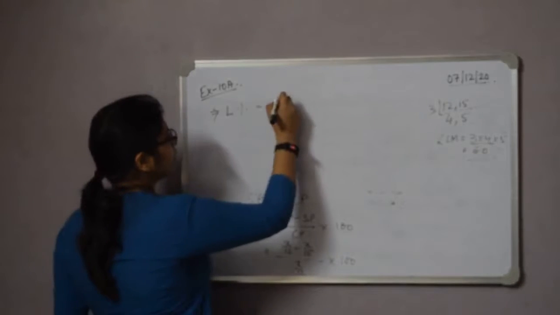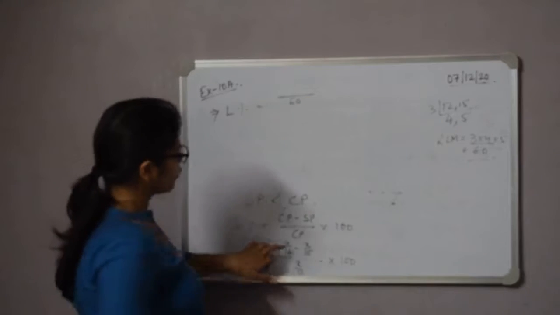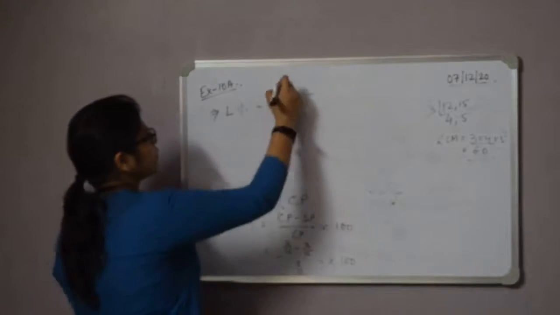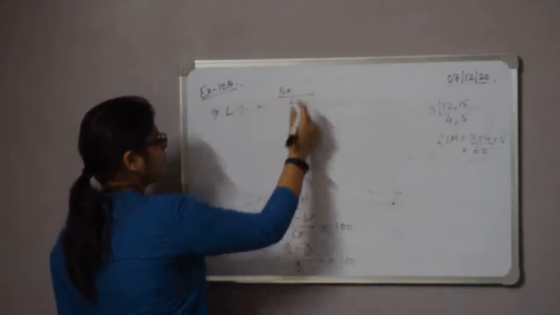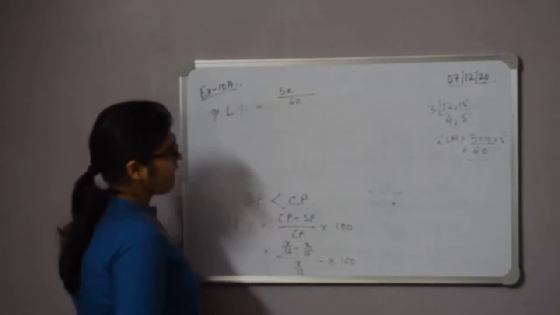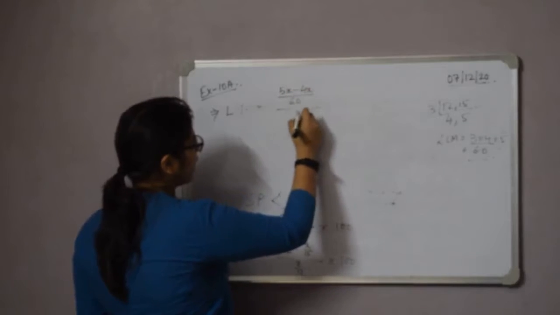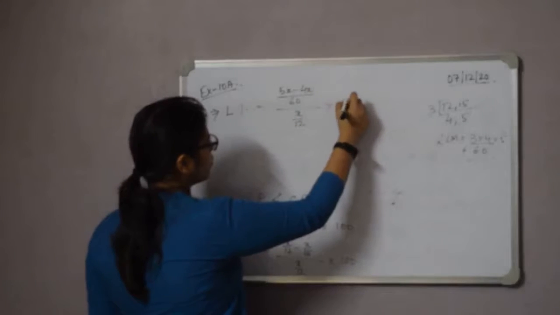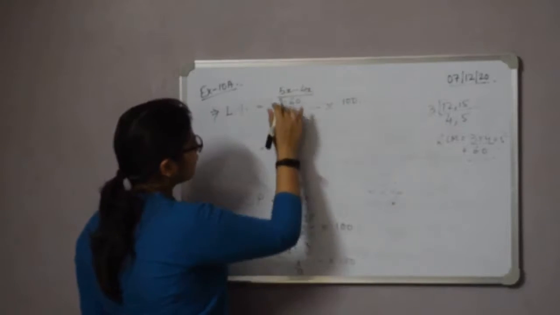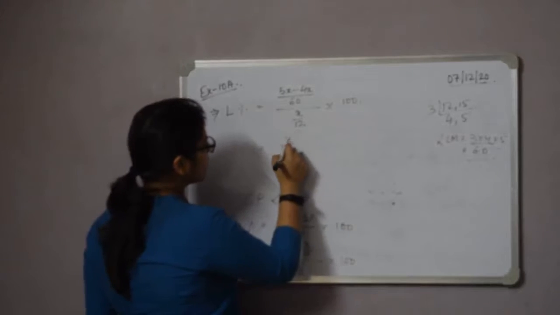So if we do the LCM, it becomes 60. So 12 5 60. So 5 into x is 5x and 15 4 is 60. So 4x. So 5x minus 4x by x by 12 into 100. Now 5x minus 4x gives us x, right? So x by 60.